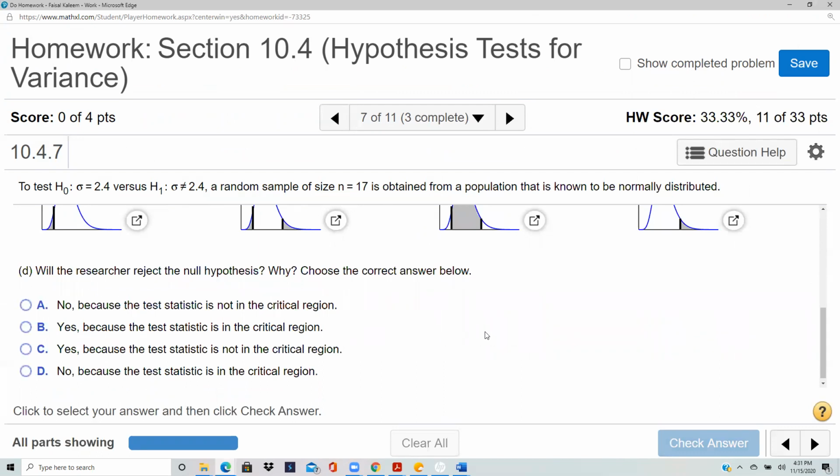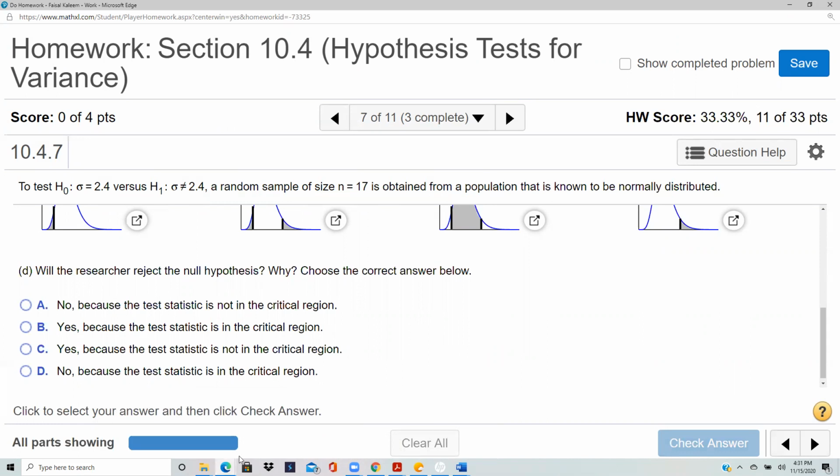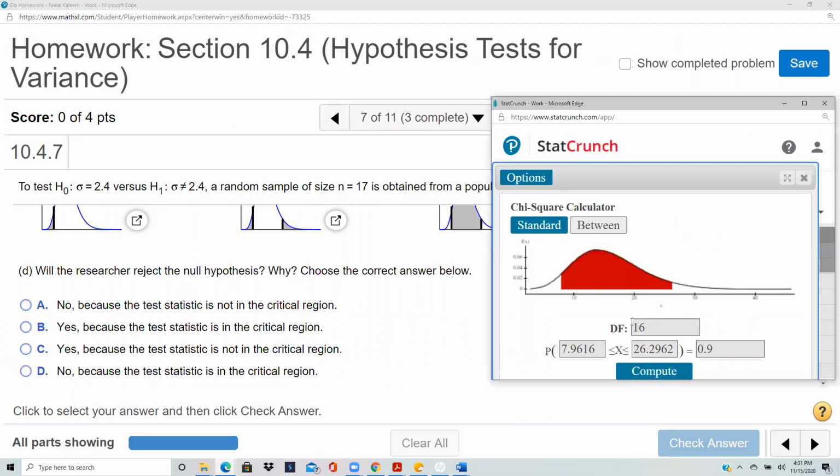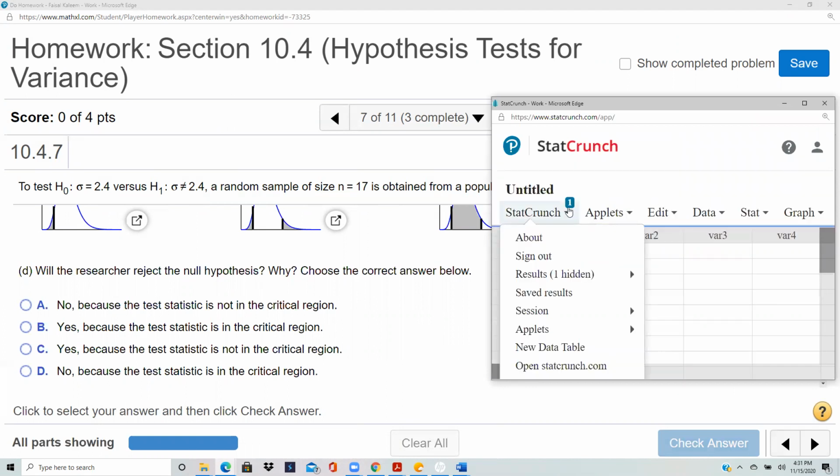And then for the rejection, we can just use the p-value. So where is that in StatCrunch? Okay, so where was the p-value here?